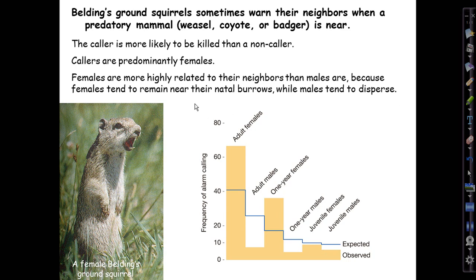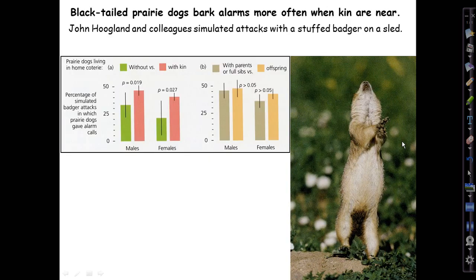And it turns out females were more highly related to their neighbors than males because they tended to remain near their natal burrows, while males tended to disperse on approaching sexual maturity. So that's qualitatively supportive of the theory.